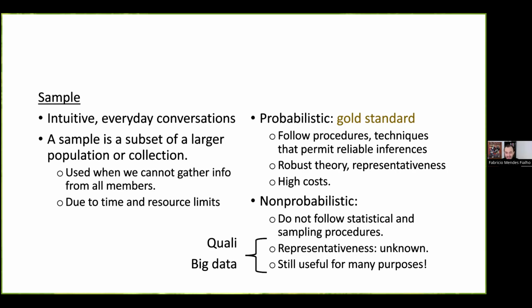So that's the idea behind non-probabilistic samples. They don't follow the same procedures to define who will be interviewed or not, and because they lack this theoretical background, there's no certainty about how representative that sample is.